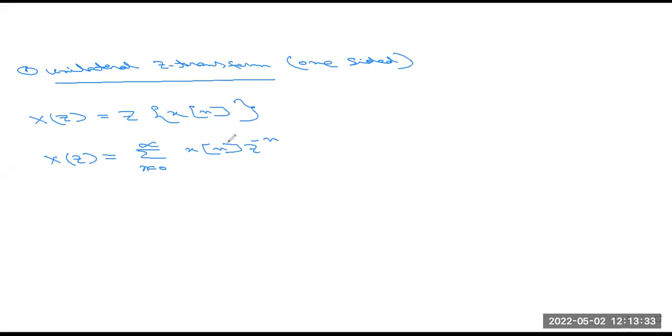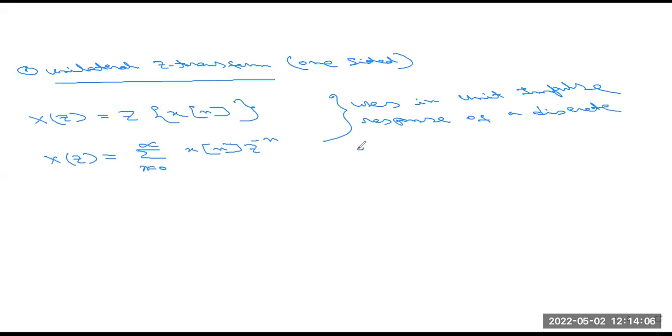This definition can be used to evaluate the jet transform of the unit impulse response of a discrete time causal system or control system.